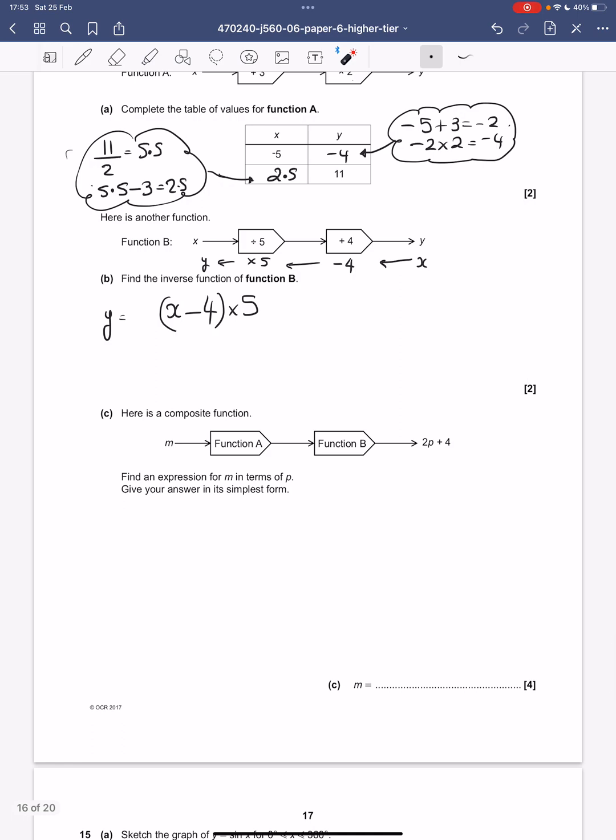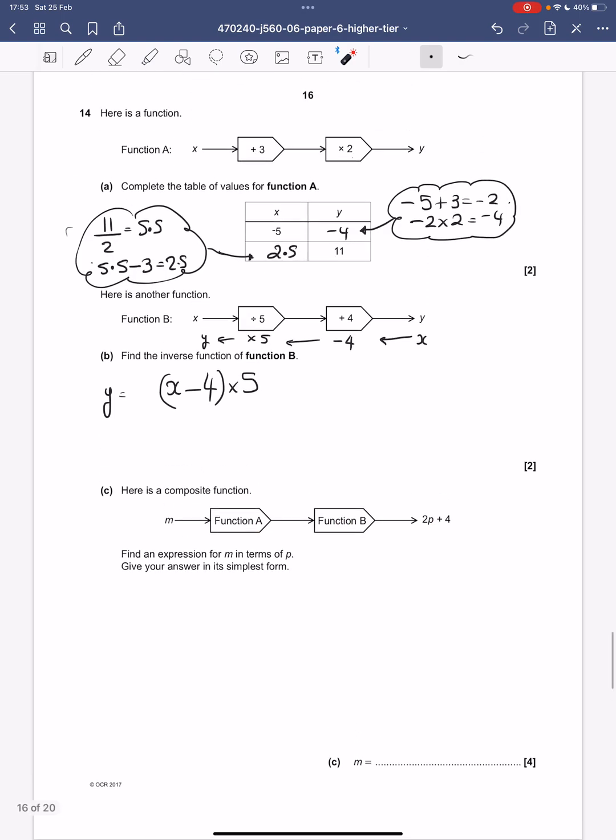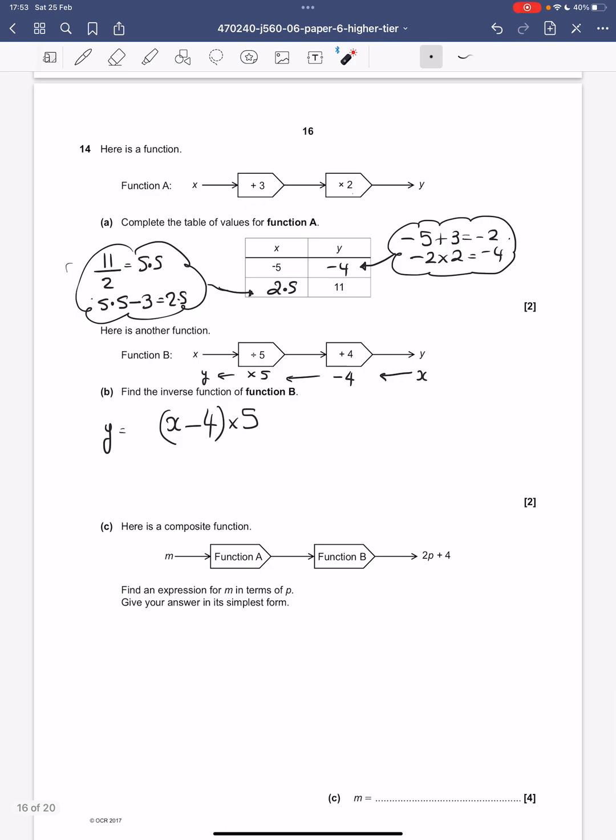Here's a composite function. So we do function A, and then we follow up with function B, and out comes 2p plus 4. We start with m. Function A is up here. Function B is here. So we start with m, and we do function A first of all. We do m, and then we add 3, and then we multiply by 2.